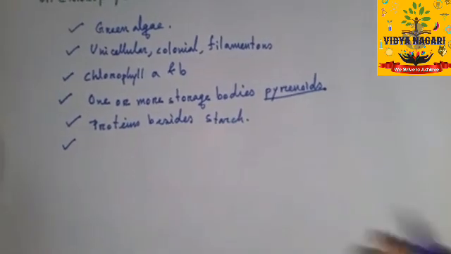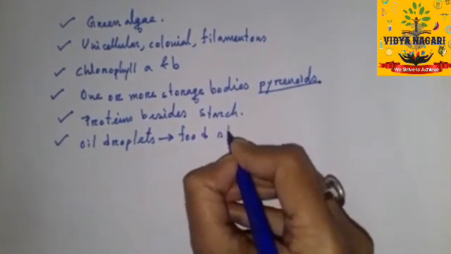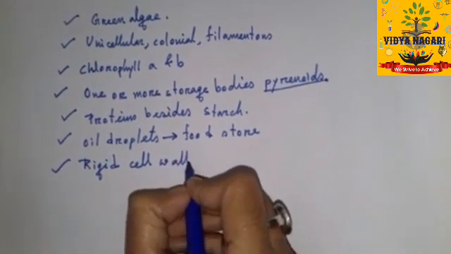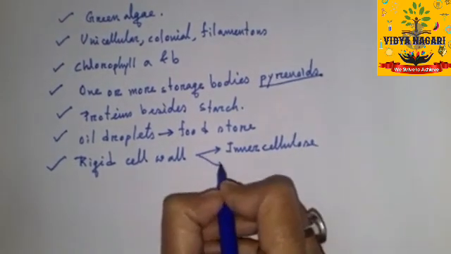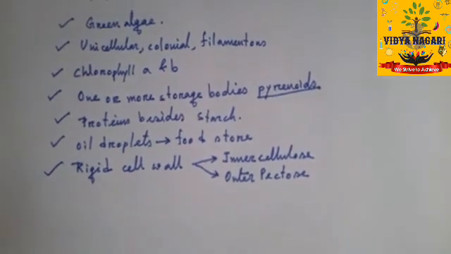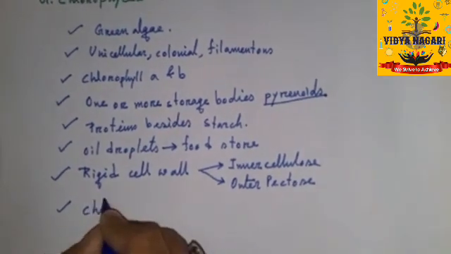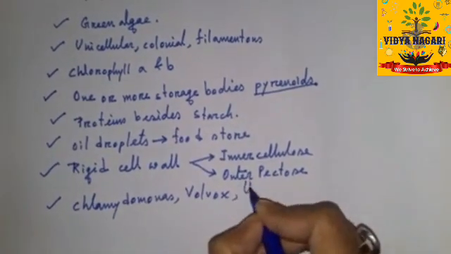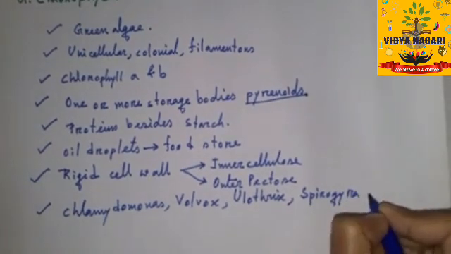Some store food in the form of oil droplets, and they have a rigid cell wall, which is made up of an inner cellulose layer and an outer pectose layer. And they also reproduce by vegetative, asexual and sexual methods, and some examples of Chlorophyceae are Chlamydomonas, Volvox, Ulothrix, Spirogyra and Chara.